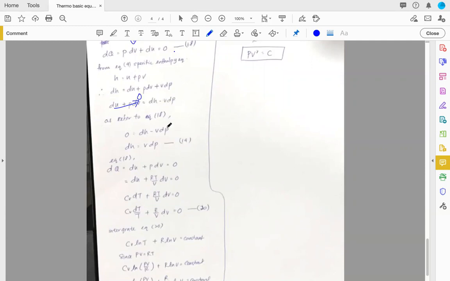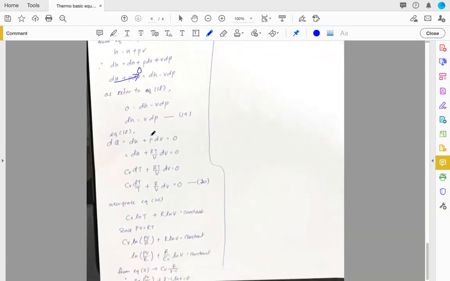Agree? Yes? So we go back to equation 18 again. The equation says dQ equals dU plus P dV equals 0. Agree? And I can still play around with it because for this P, I can use the perfect gas equation.